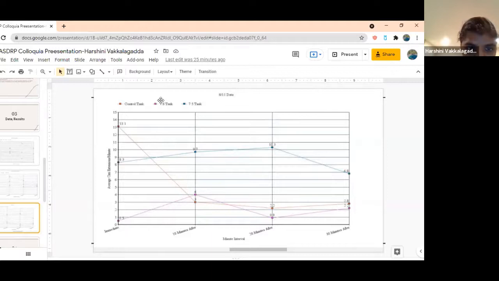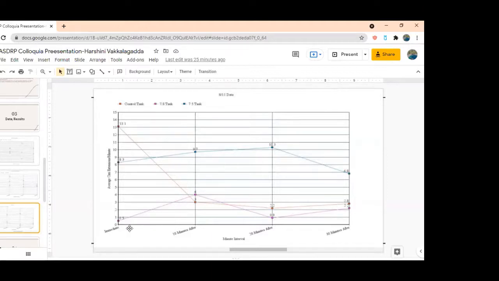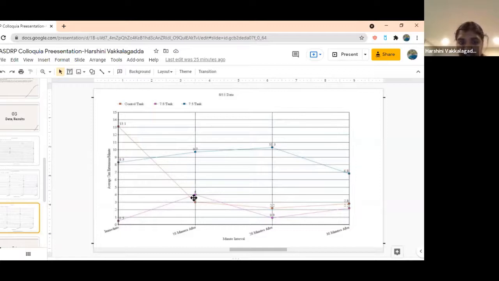So for the 7.8 pH tank, the average cirri extensions fluctuated a little bit, but eventually ended up the same amount that they started with.